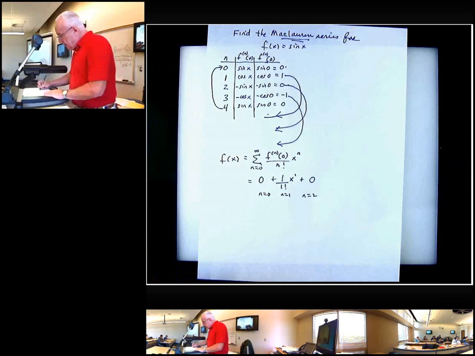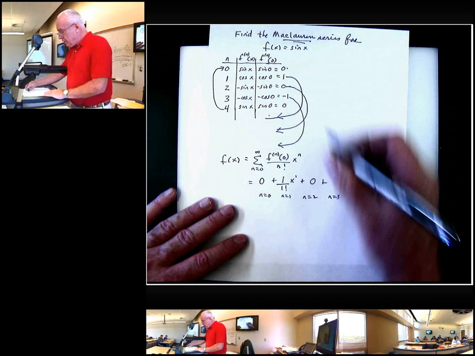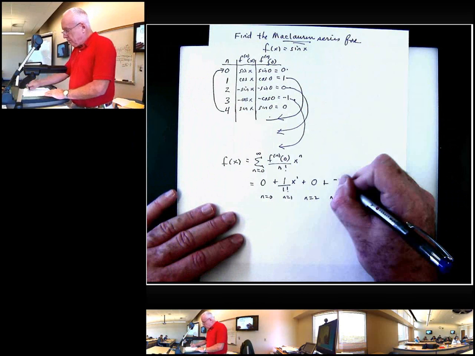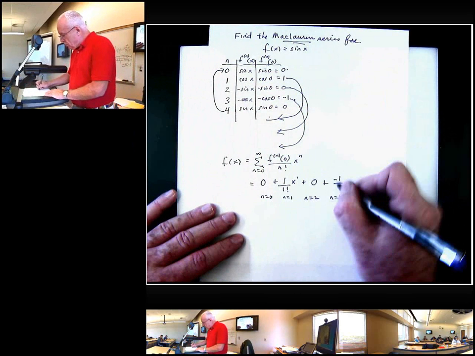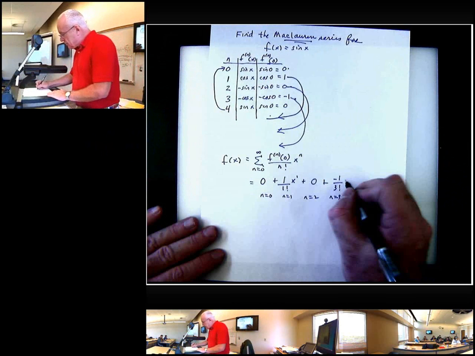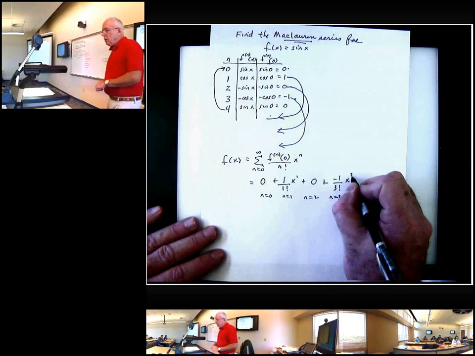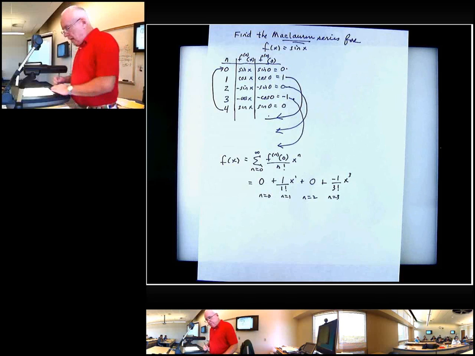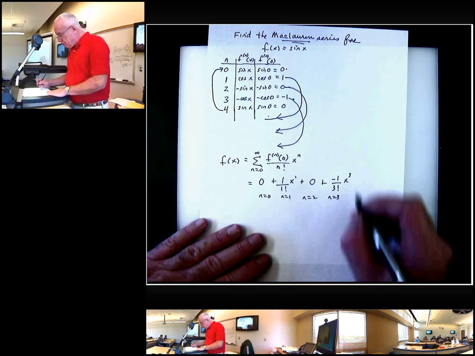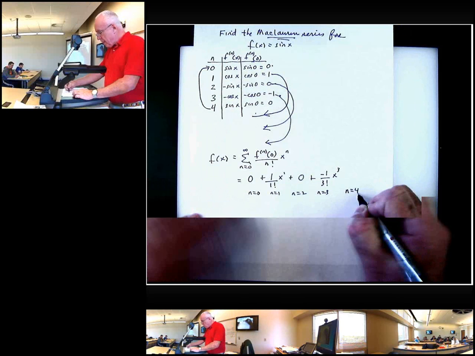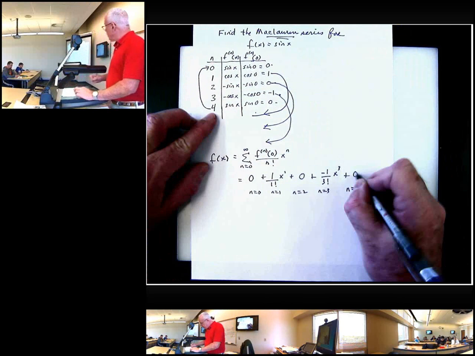Let's go to n equals 3. Here's our case 3 here. Our value is minus 1. And then our factorial is 3 factorial. And it's x to the 3 power. So I'm just writing out a few of these terms. I'll do a couple more so we can make sure we see the pattern here. When n is equal to 4, we're back to 0 again. So I'm just going to write 0.